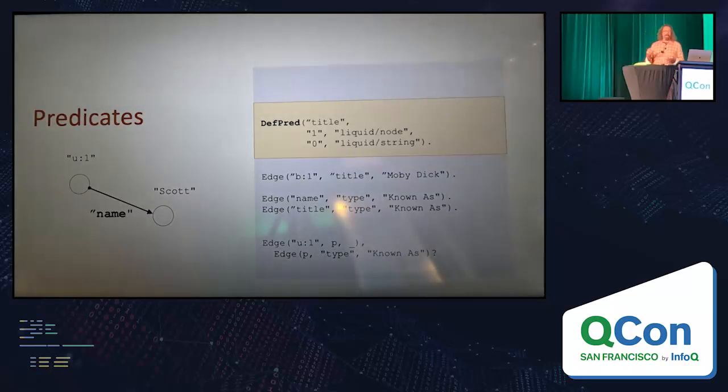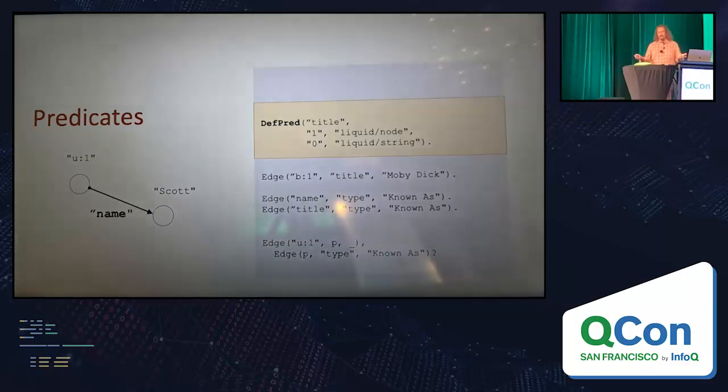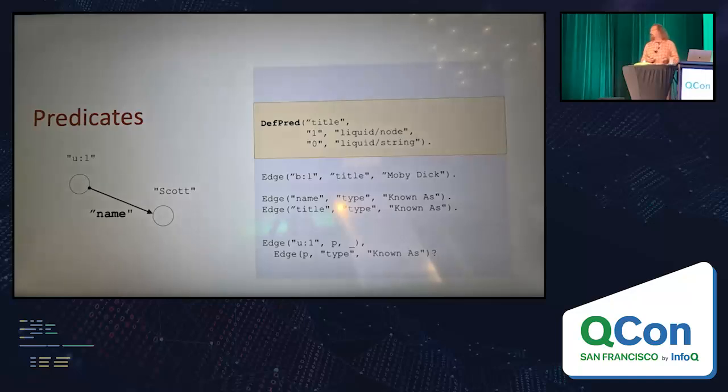And what the definition says is, the subject side, a book only has one title, so it's cardinality 1. The type of a book is just a node. And on the object side, there's a UTF-8 string, so our type is a string.